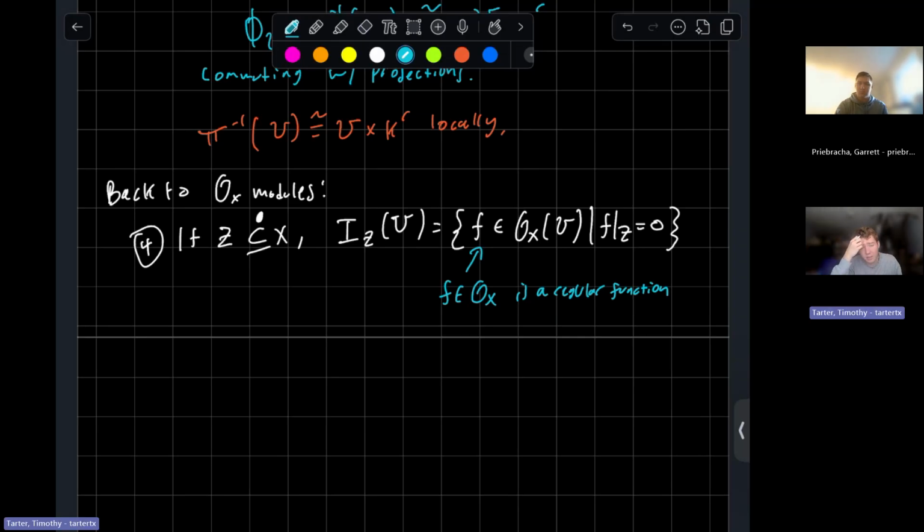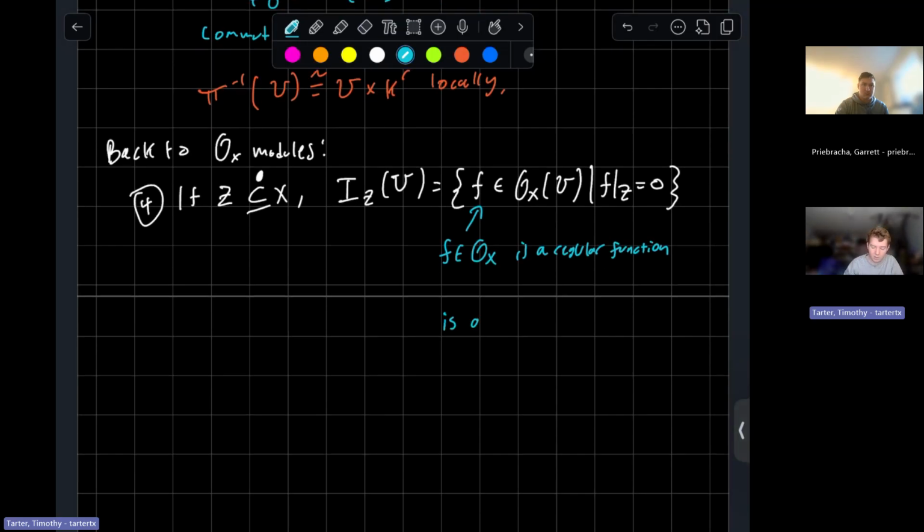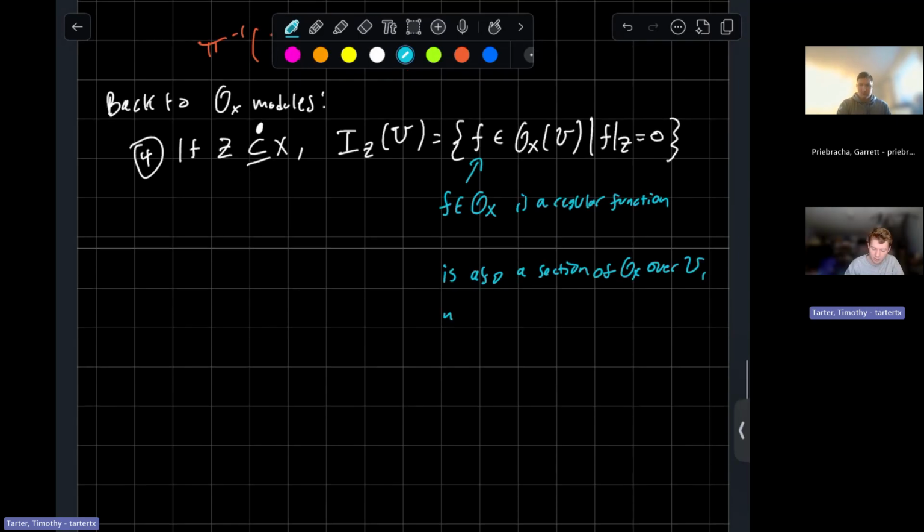Wait, or maybe not. Hold on. Whatever the sections of OX are, okay, so it is a regular function. It is also a section of OX over U with the restriction that F over U intersect Z is the zero section.